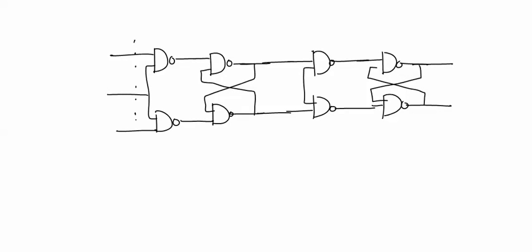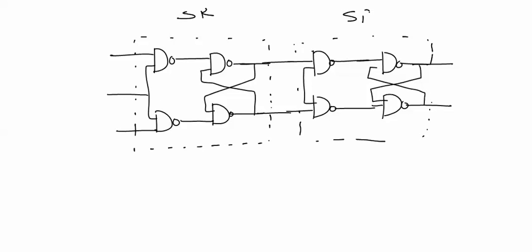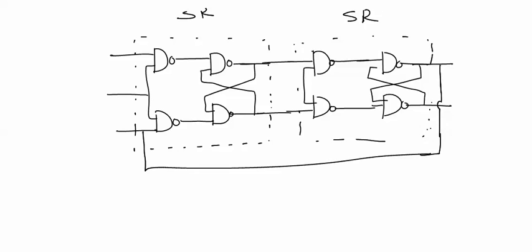This is one SR flip flop. This is another SR flip flop, and the master slave JK flip flop will be constructed by taking this feedback from the second flip flop to the first flip flop.